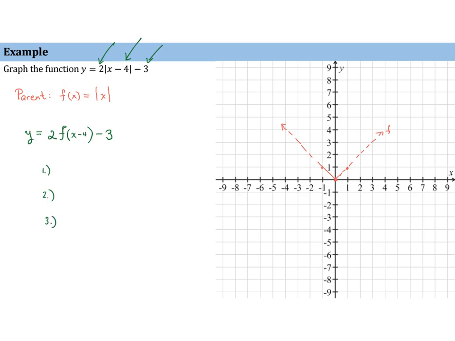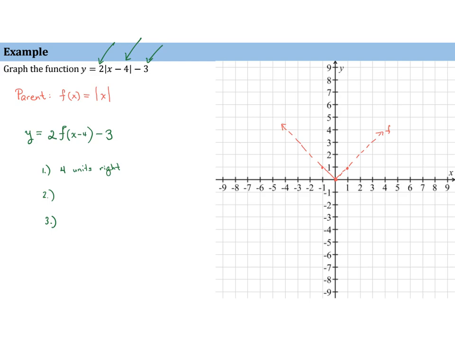So there are 3 transformations going on. The first one is what's happening to the input, the subtraction of 4. So whenever we subtract 4 from the input, that's going to be a horizontal translation, and it's going to move 4 units to the right.